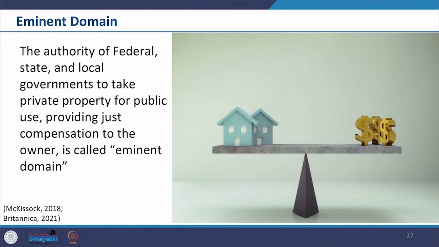The authority of federal, state, and local governments to take private property for public use, providing just compensation to the owner, is called eminent domain. Real estate or land is not the only property subject to eminent domain law, but water and air rights as well. To explore this concept, consider the following eminent domain definition.